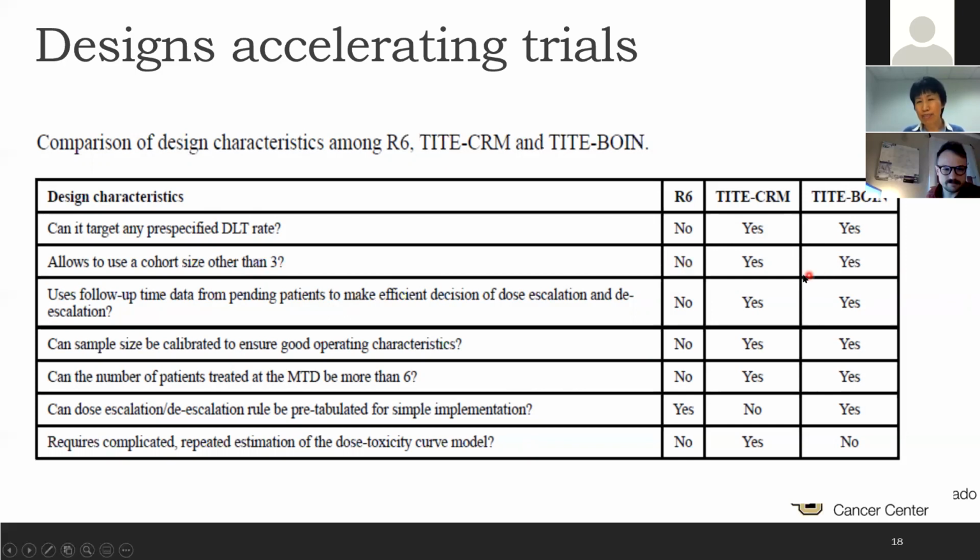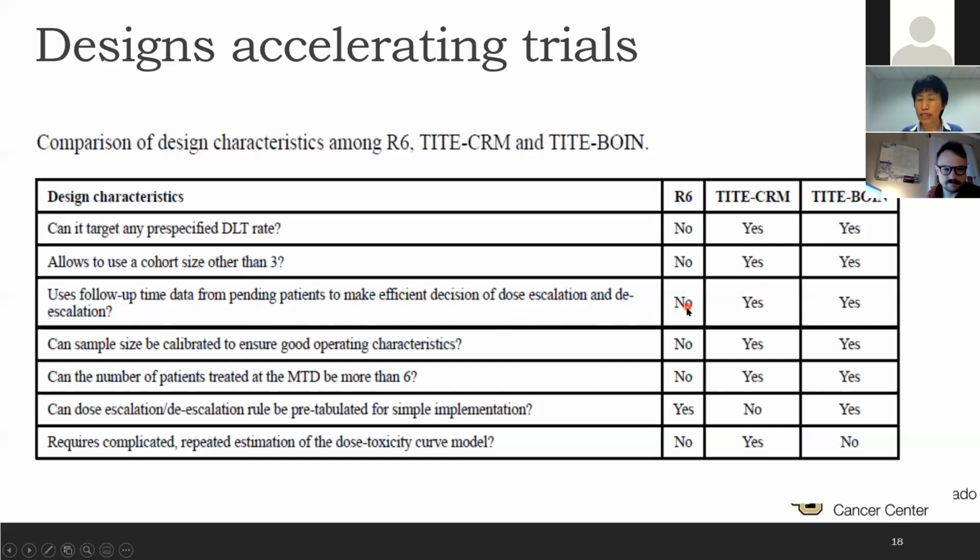However, the time-to-event CRM and time-to-event BOIN designs both allow flexible cohort size. We can choose a cohort size of 1 or 3, or we can have different cohort sizes when we run the clinical trial.